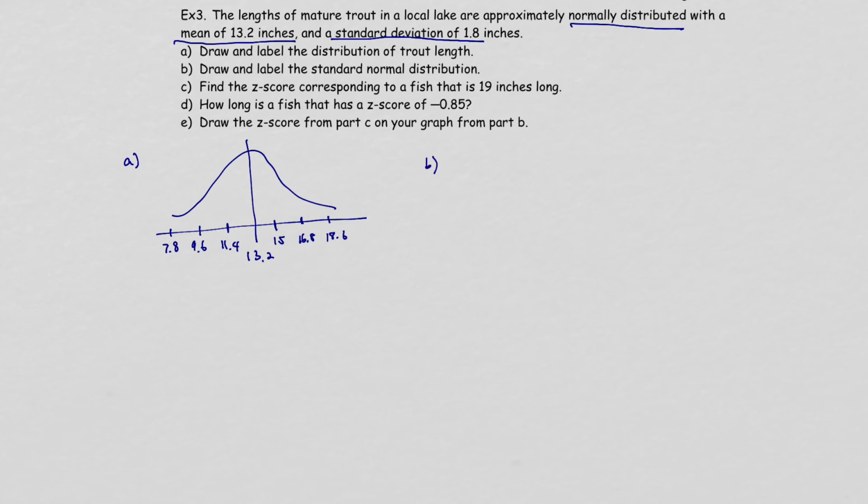But then B is asking to draw the normal distribution curve and label the standard normal distribution. So with that information, this is going to be 0, and this is standard deviation 1, 2, and 3, and this is going to be -1, -2, and -3.